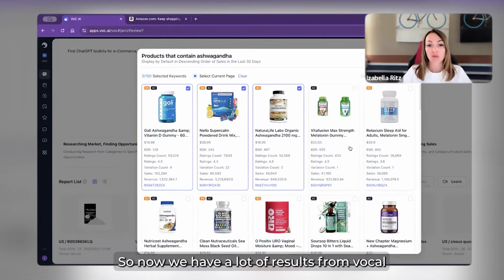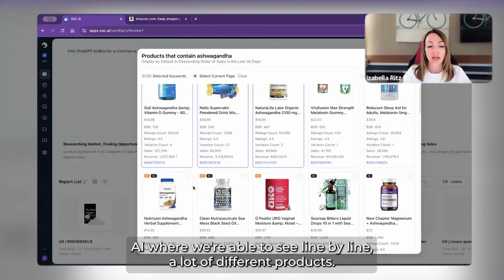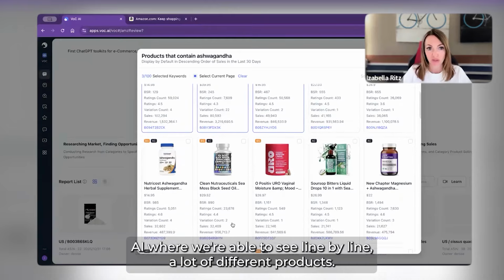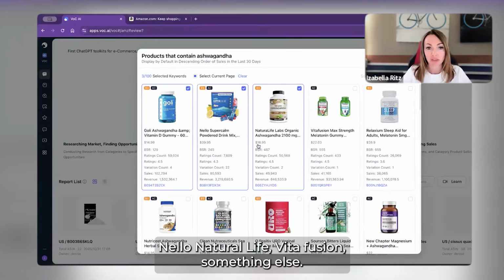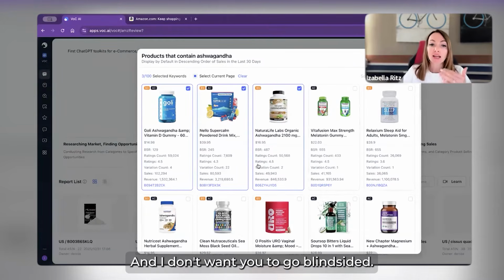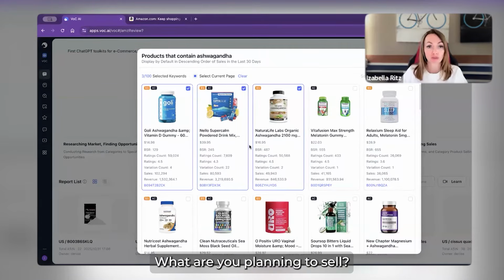So now we have a lot of results from VOC.AI where we're able to see line by line a lot of different products. You can see Golly is one of the brands, Nello, Nature Life, Vita Fusion, and so on. I don't want you to go blindsided. I want you to look at the keywords and the products that are relevant to what you are planning to sell.